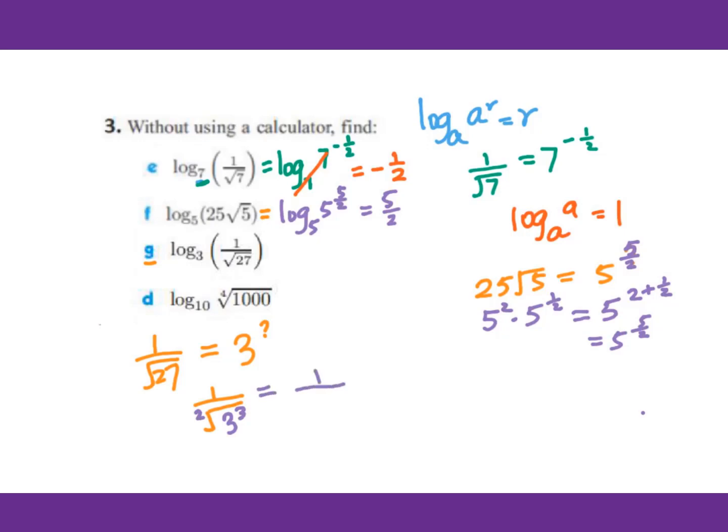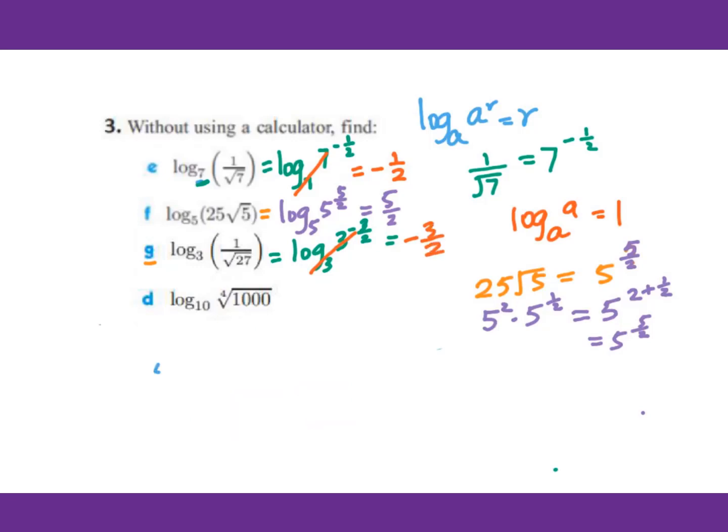Therefore, you will get 3 to the 3 over second power. 1 over means negative exponents. Therefore, I will get the log base 3 of 3 to the negative 3 over second power. Then your answer will be negative 3 over 2.